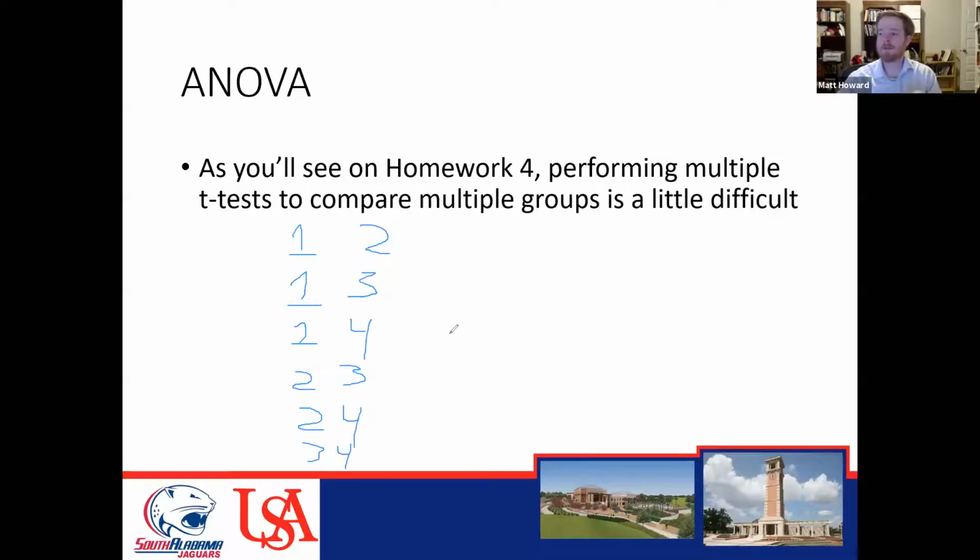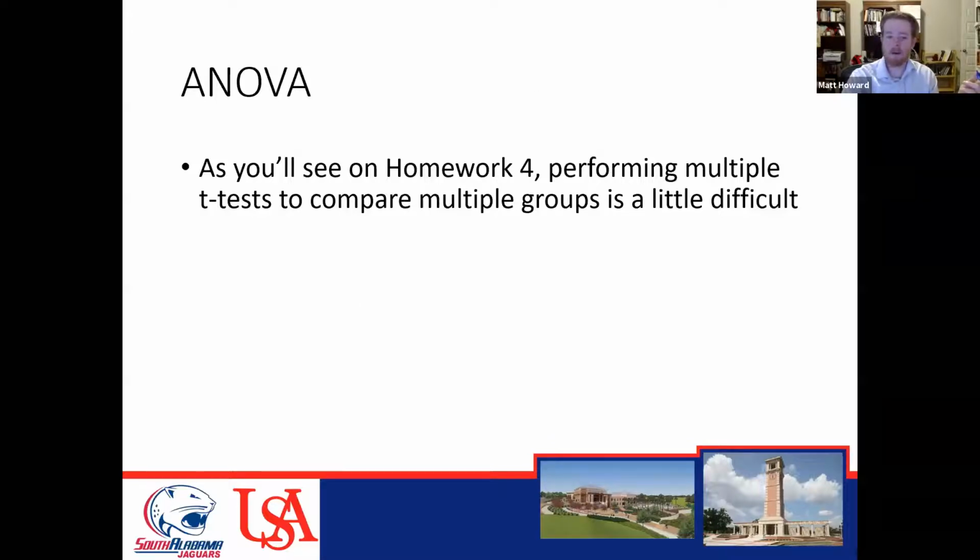You actually would have to do 6 t-tests in that example, because you have to compare 1 and 2, 1 and 3, 1 and 4, 2 and 3, 2 and 4, and 3 and 4. So if you have more than 2 groups, performing multiple t-tests can be a little bit difficult, because you have to make each individual group comparison. Performing separate 2-sample t-tests to compare more than 2 groups is clearly not ideal. It's very cumbersome. It takes a lot of time, a lot of effort, and a lot of analyses.